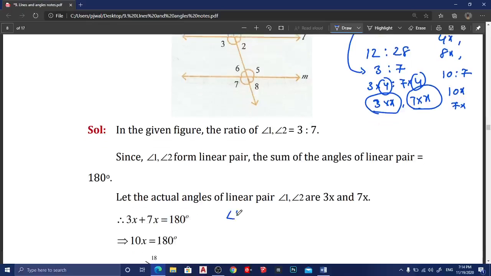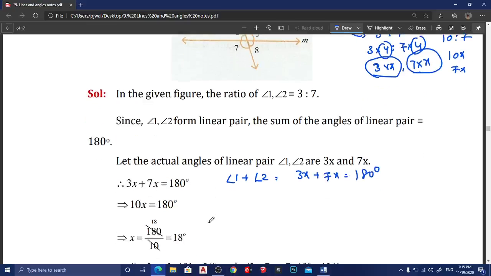Therefore angle 1 plus angle 2, which is equal to 3x plus 7x, is equal to 180 degrees. Like that you can write. Now by adding these two, you can find out the x value. This is 10x, which is equal to 180.